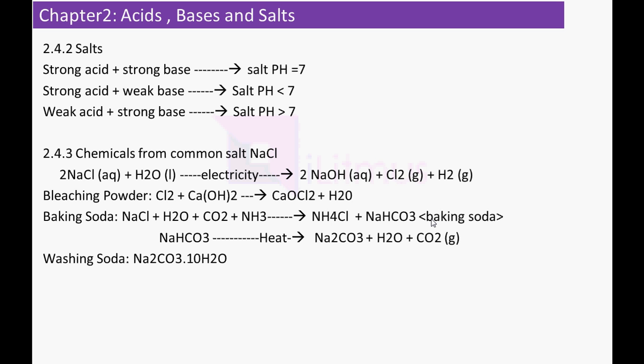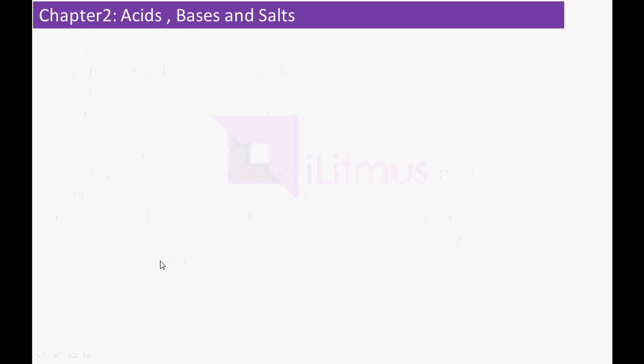Washing soda is sodium carbonate 10H2O, again a crystal. We'll understand crystals separately, but a crystal means some water molecules in specific defined numbers are attached to that salt. Are these crystal salts really dry?